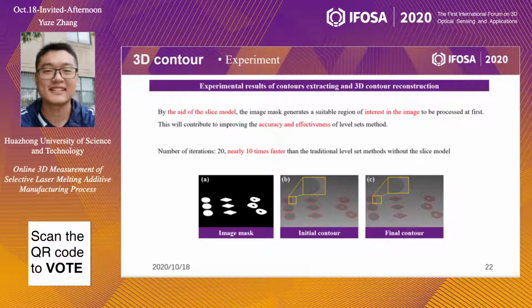As shown in figure A to C, the contour detection results are given. By the aid of the slice model, the number of iterations has been reduced to 20, which is nearly 10 times faster than the traditional method. This will contribute to improving the accuracy and speed of level set method.